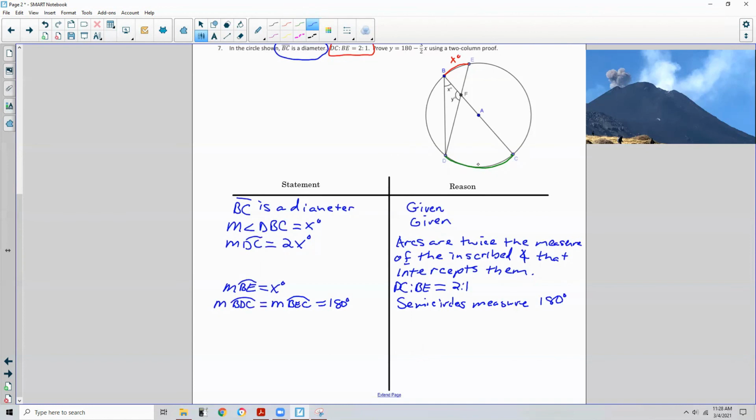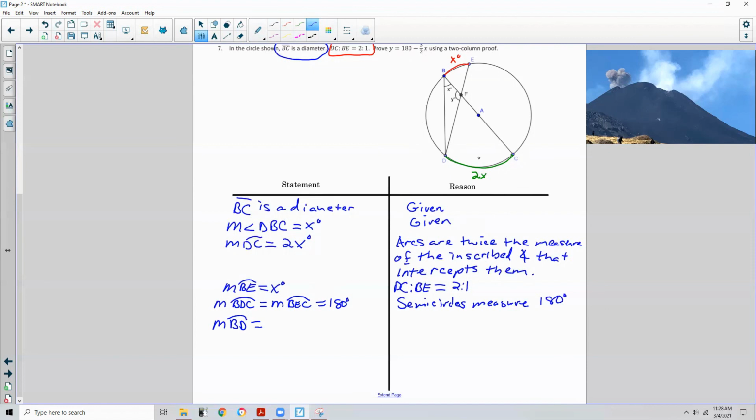All right, and now we're going to do some additions. So what is DB? The measure of arc BD equals, well, BD is right here, and this was 2x. I didn't label it. I should have. That's 2x.